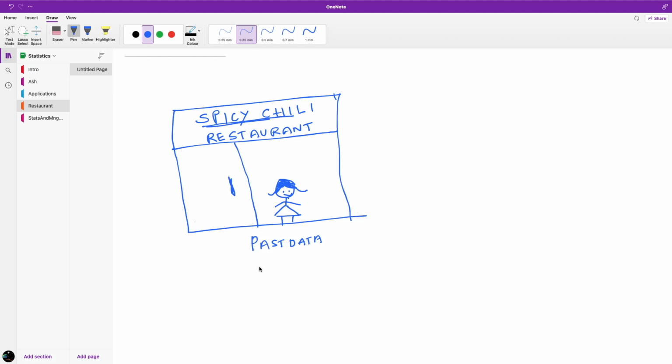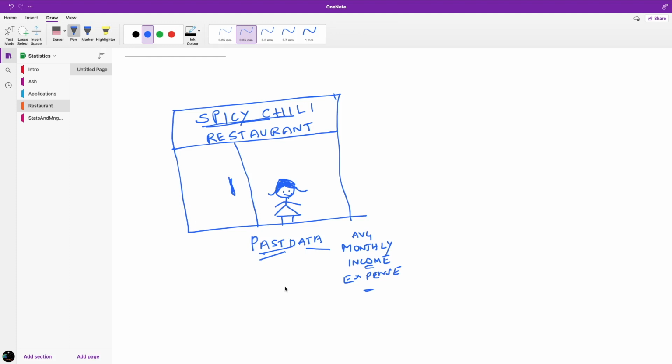Based on the past data, we can help her come up with the average monthly expenses, and also the average monthly income. Using these two, she should be able to come up with the budget, how much she should allocate on a monthly basis.